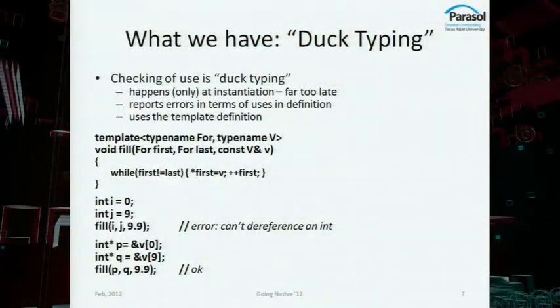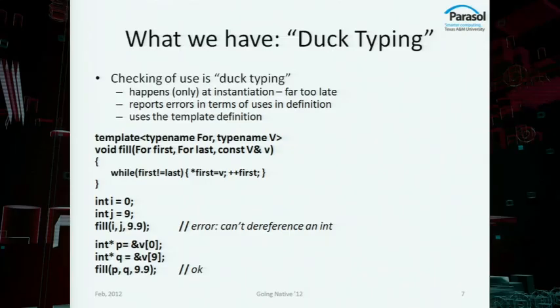We somehow have to tell the compiler what we mean instead of just do it. What we really have is duck typing at compile time. It happens late in the compilation process at instantiation time, and it reports in terms of uses and of types in the definition, and it requires a template definition.